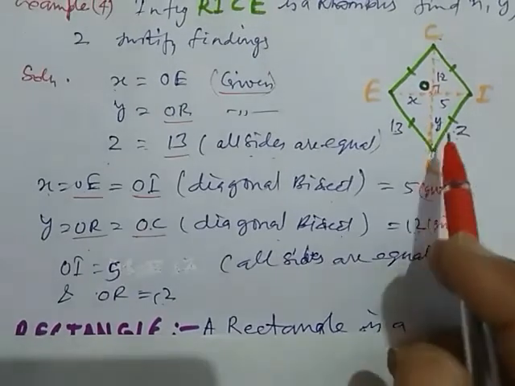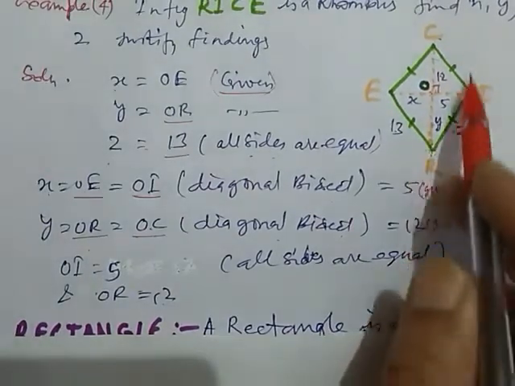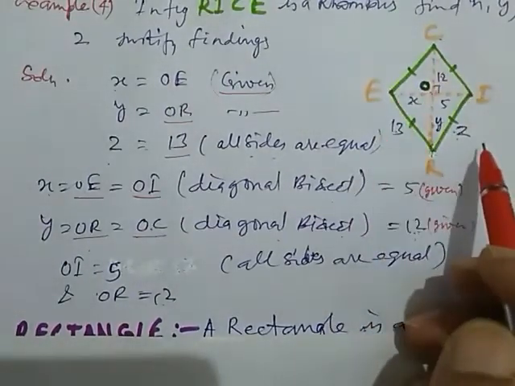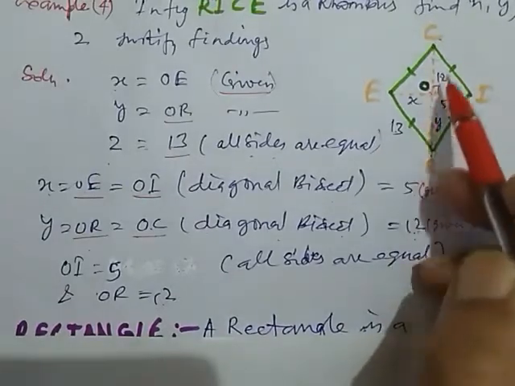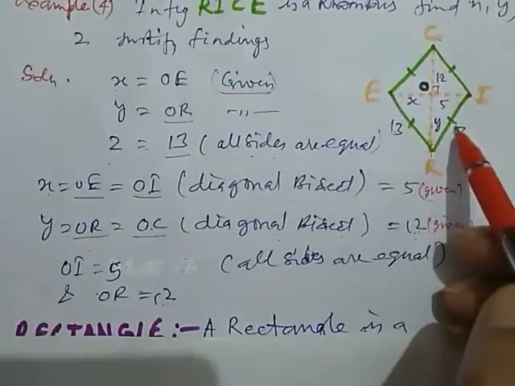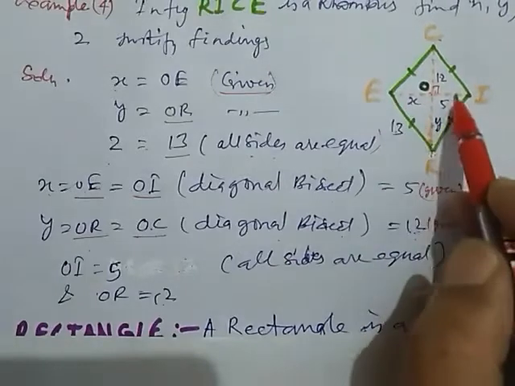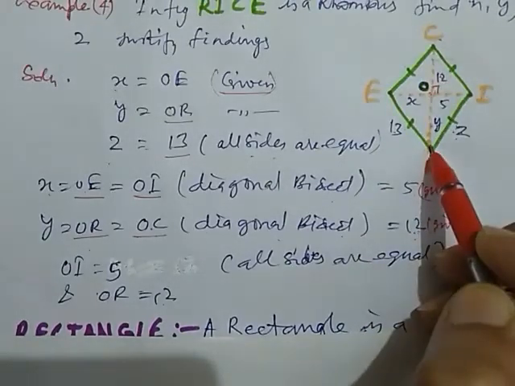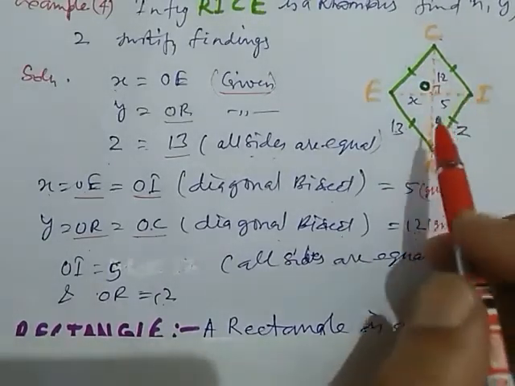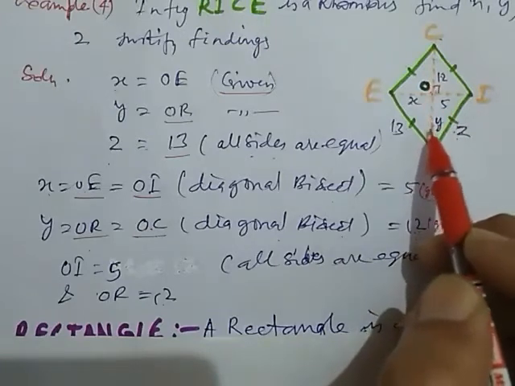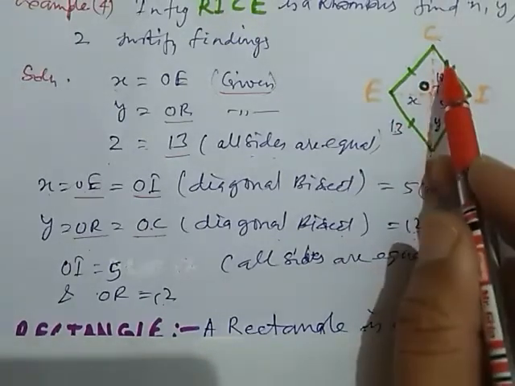What are the different properties of a rhombus? The rhombus is a parallelogram, so opposite sides are equal and opposite angles are also equal. And the special property of a rhombus is that all sides are equal.